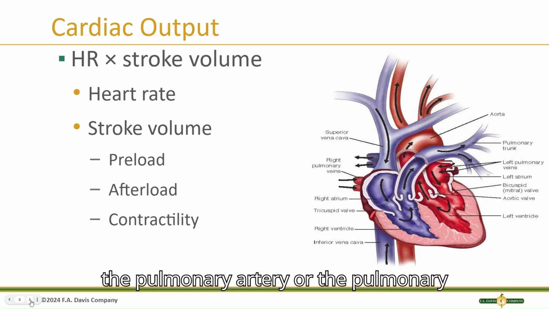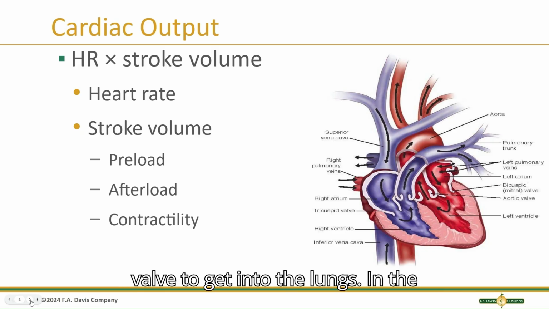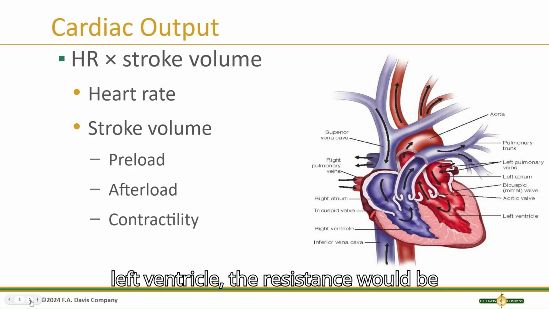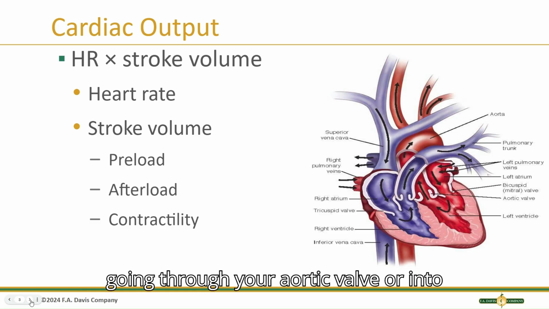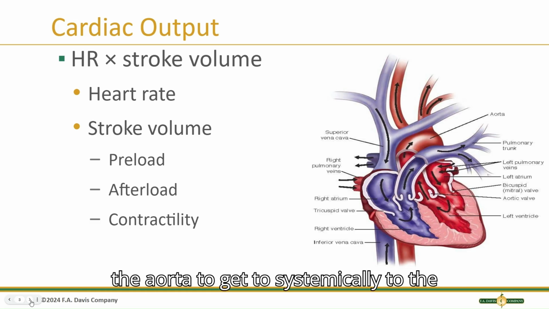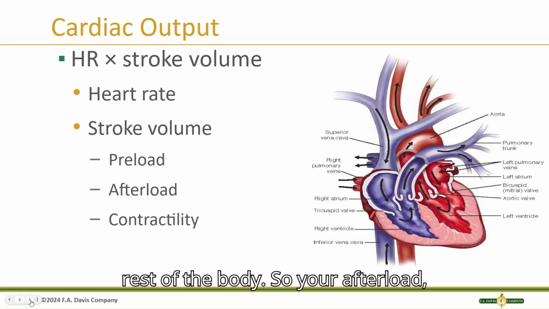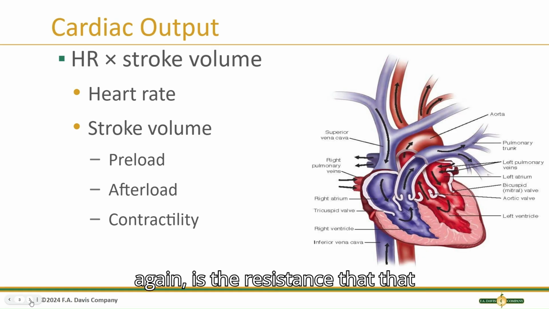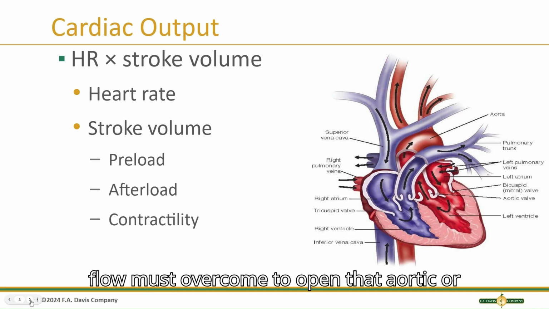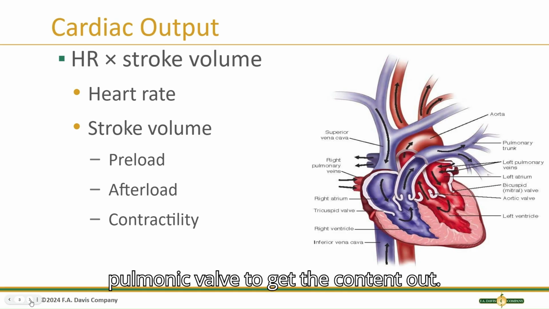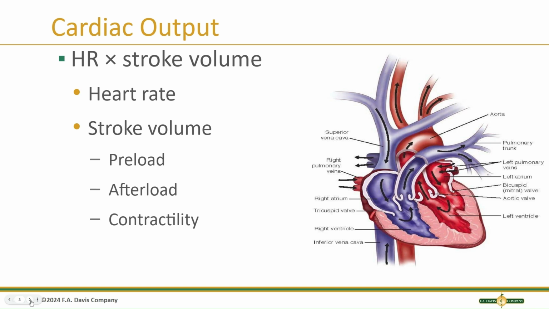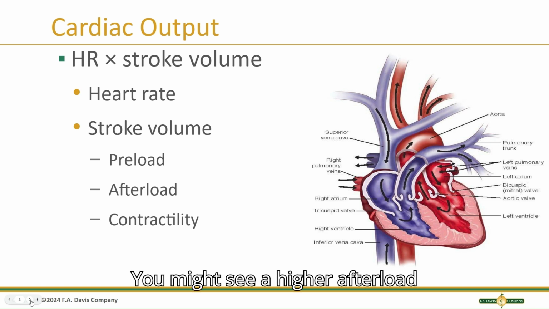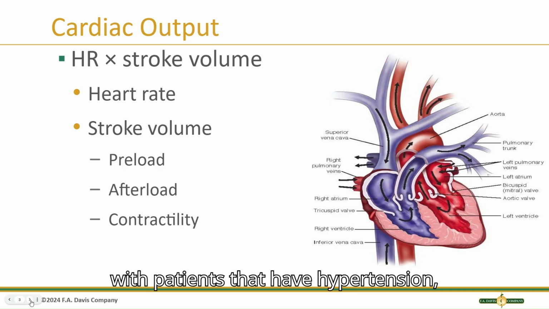The afterload is the resistance of flow that the ventricles have to overcome to get into either the lungs or into the systemic circulation. So for the right ventricle, the afterload is in the pulmonary artery or the pulmonary valve to get into the lungs. In the left ventricle, the resistance would be going through your aortic valve or into the aorta to get systemically to the rest of the body.